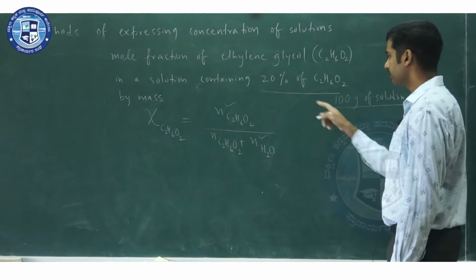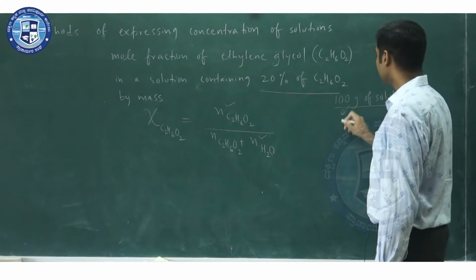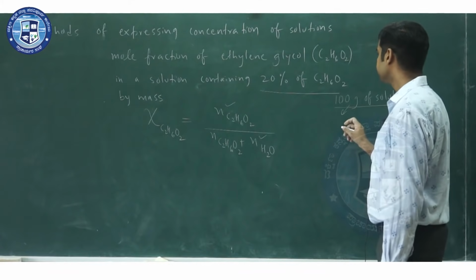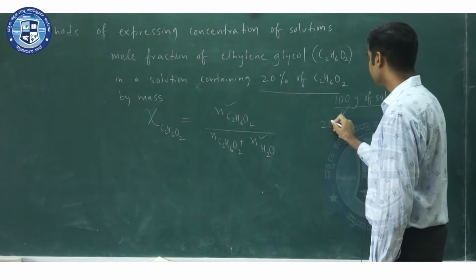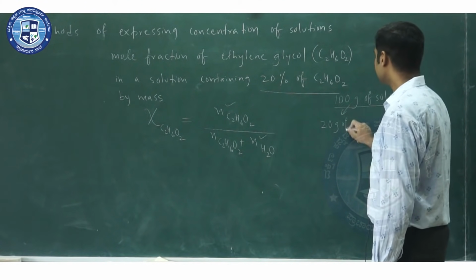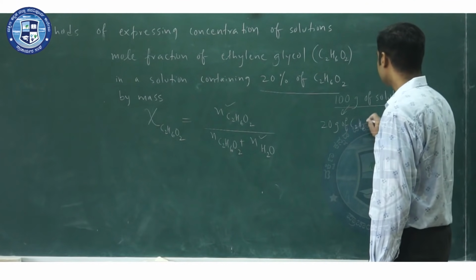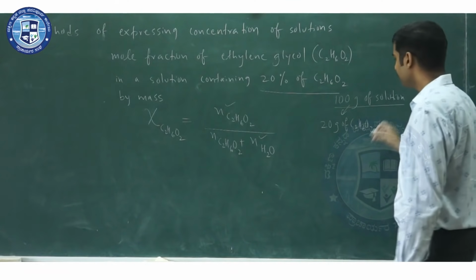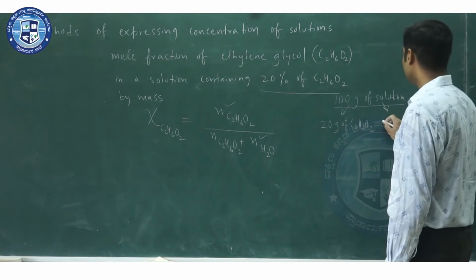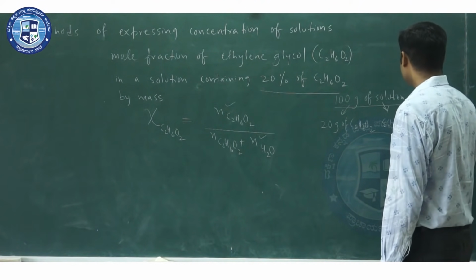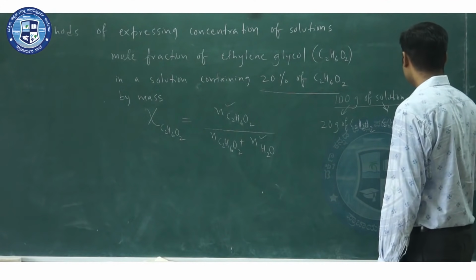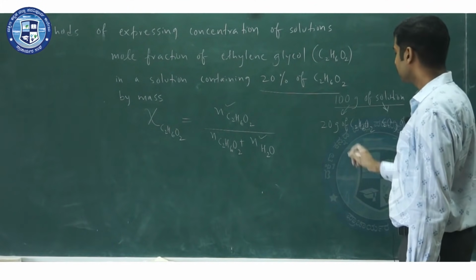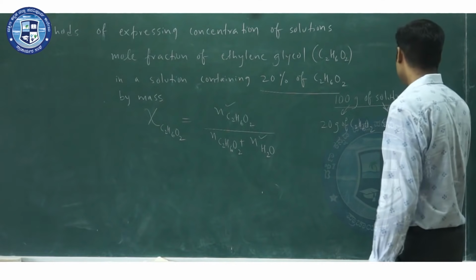Out of 100 grams, 20% of it, which will be 20 gram, is ethylene glycol, C2H6O2, whereas the remaining component will be water, 80 gram of water. So I've got the mass of ethylene glycol and the mass of water.